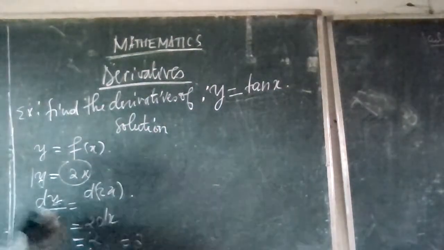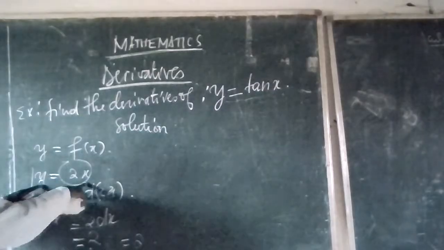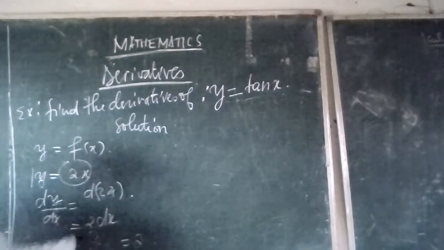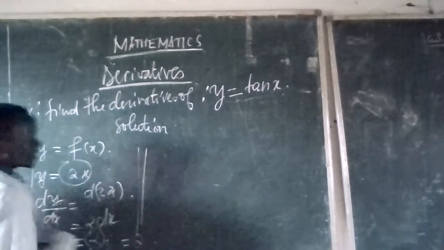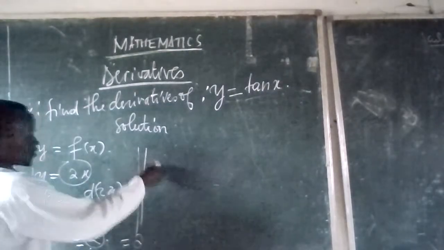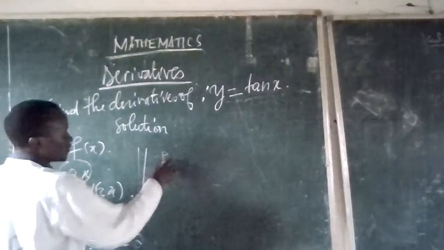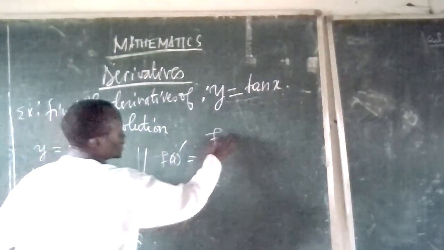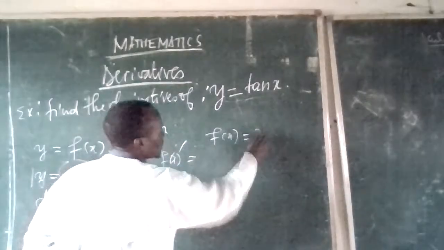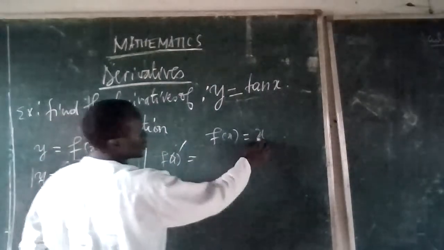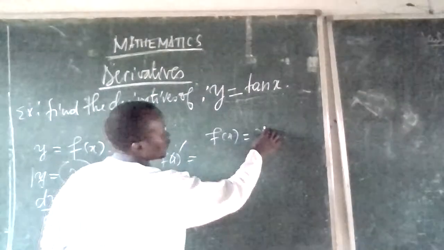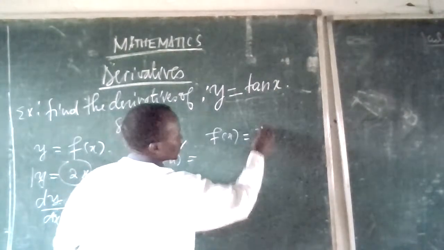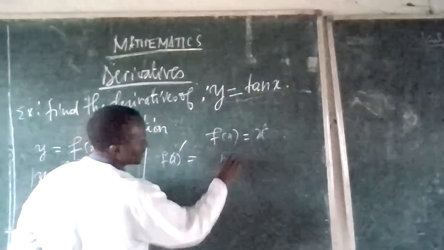So now it is the derivative of y equal to 2x. We have seen that its derivative will be this number. As I told you last time, if you have, for example, f of x equal to x, here on x we have a power of 1. It means n is equal to 1.